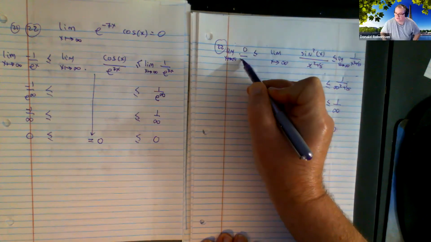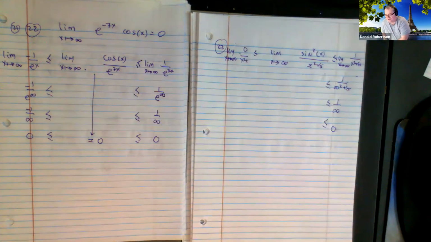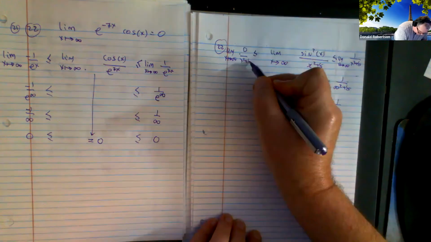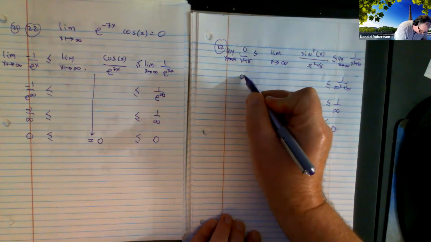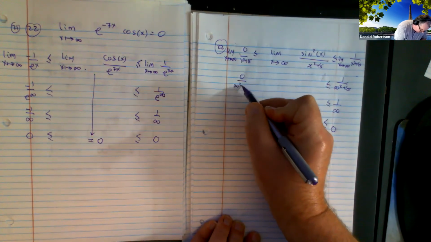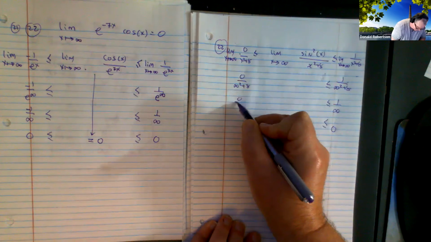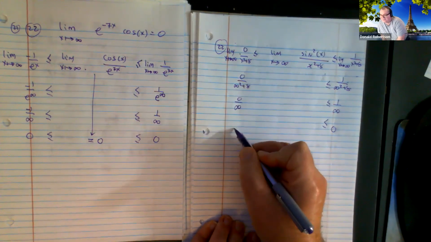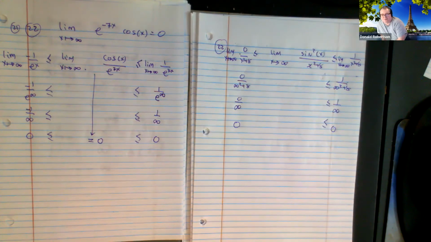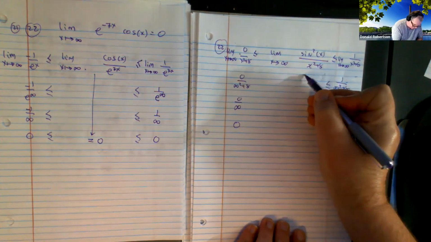Because it's sine squared, do you agree the worst it could ever be would be 0, if you square somebody? You can't get a negative. That's a bit sneaky, but the answer ends up being pretty nice. Would you agree that 0 over infinity is just overkill, isn't it still 0? So the answer in the middle is going to be 0 again. So this fella has a limit of 0.